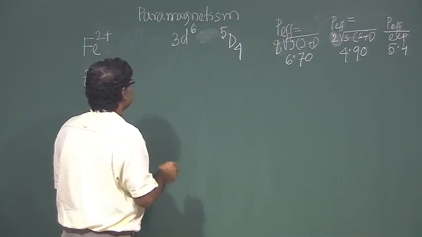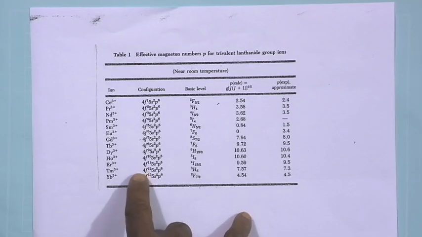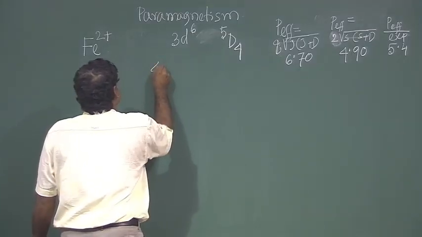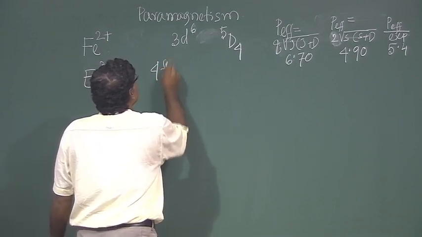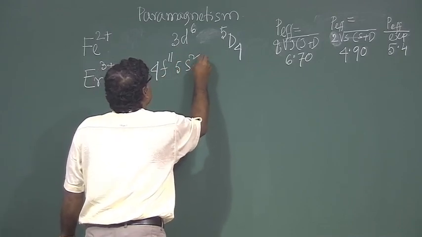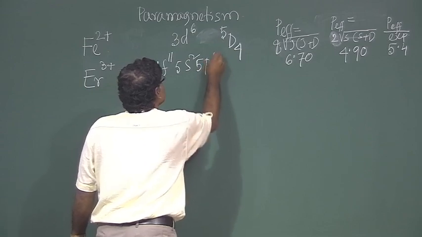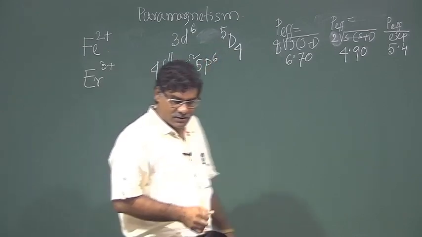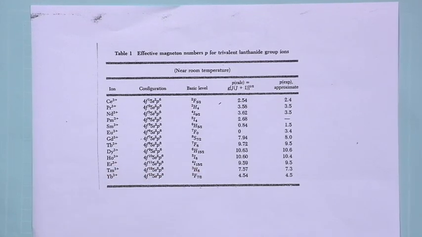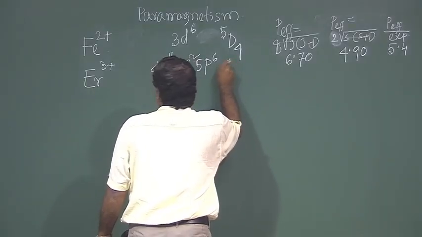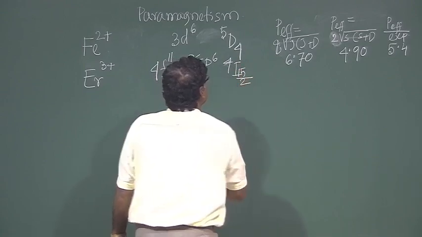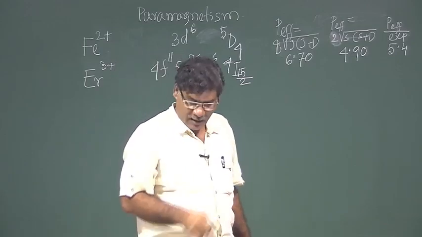Its electronic configuration is 4f11, 5s2 5p6. And its spectroscopic term is 4I15/2.